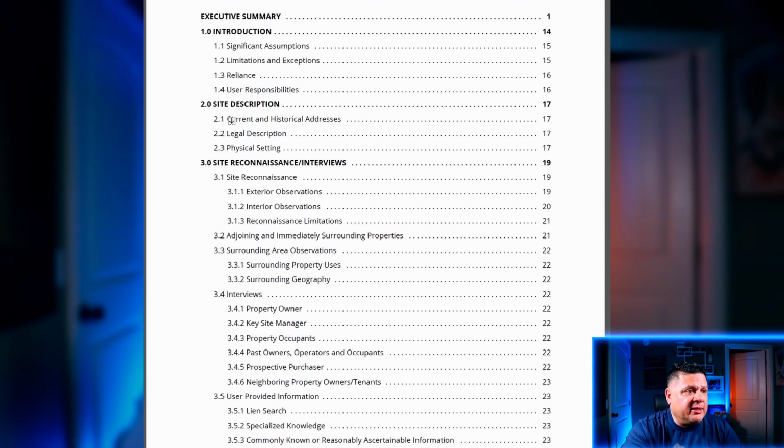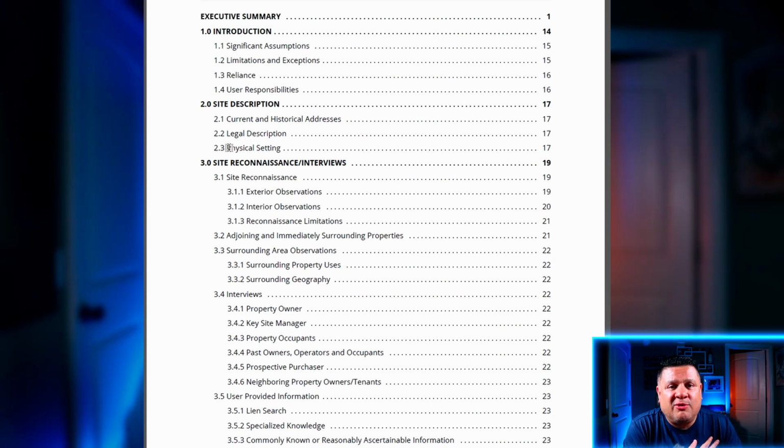And so you'll see here, there's current and historical addresses, legal descriptions, the physical setting. And like I told you, if you haven't seen the previous 4 episodes about diligence on commercial real estate, I encourage you to watch them. Because with the current and historical addresses and legal descriptions, you don't want to be wrong on this, right?